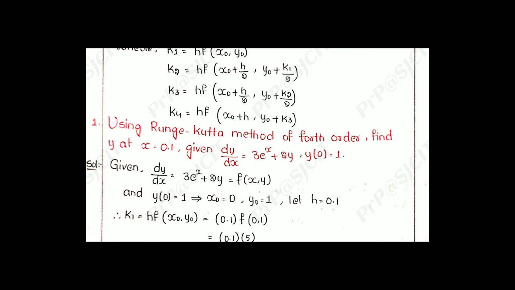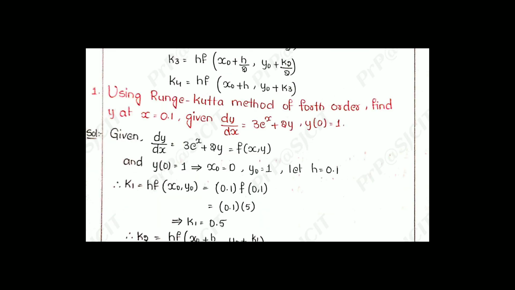Using Runge-Kutta method of fourth order, find y at x equal to 0.1, given dy by dx is equal to 3 e to the power x plus 2y, y of 0 equal to 1. I will show how to find this. First, this is the function, and first we have to find out f of x naught comma y naught.